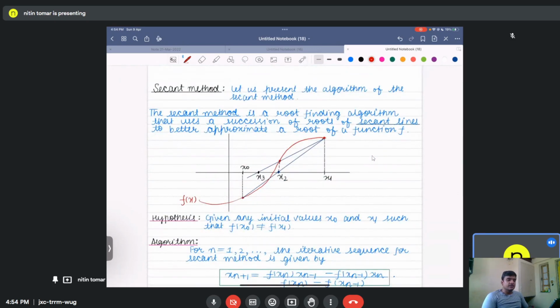In the last class we discussed the bisection method. In the beginning of this session today, we started with the secant method. Throughout the discussion from the past few classes, the aim has been how to find the root of a given function. And that function need not be linear.